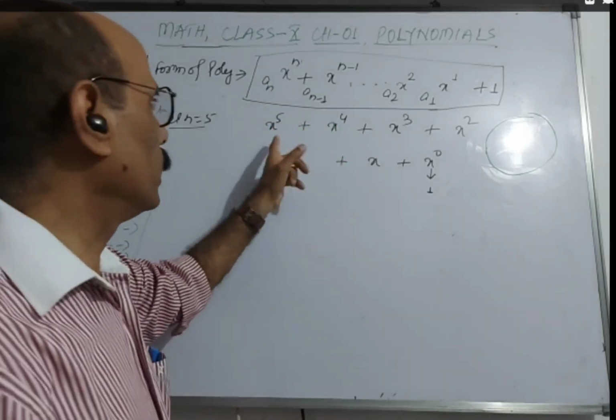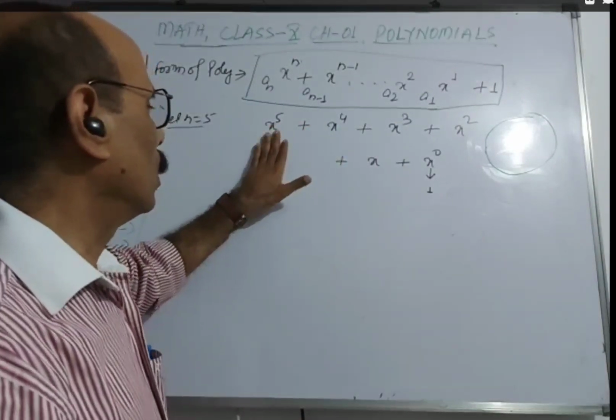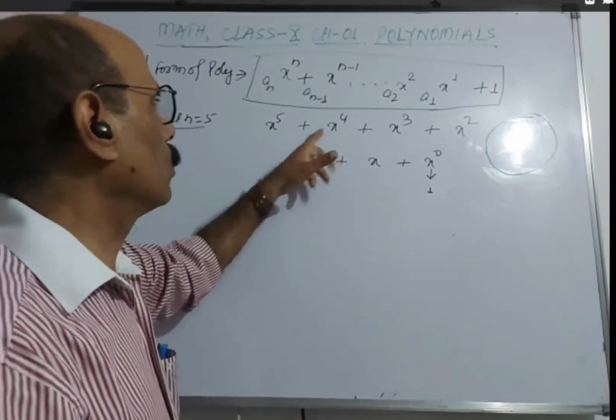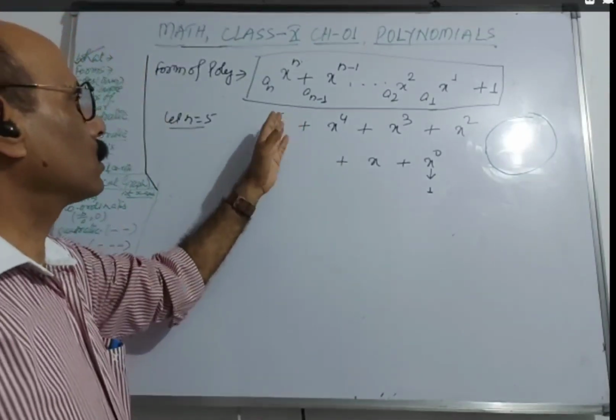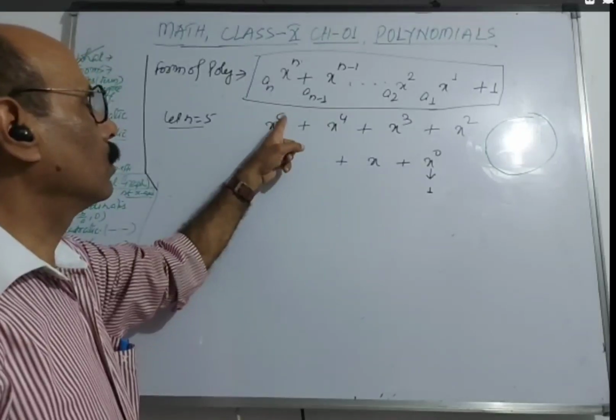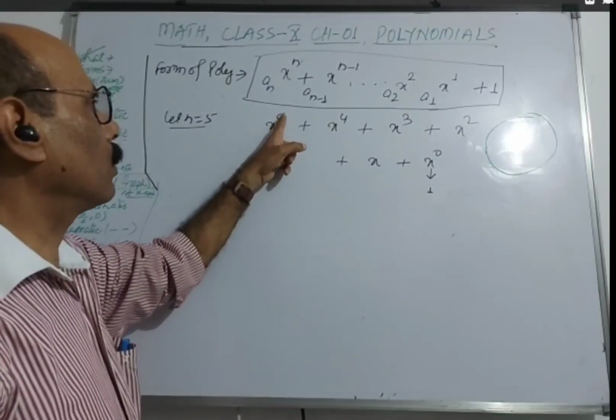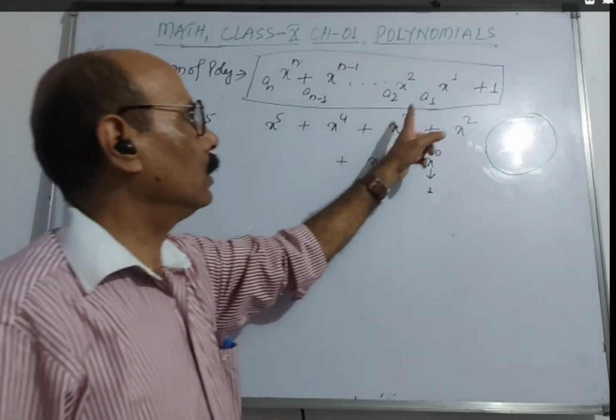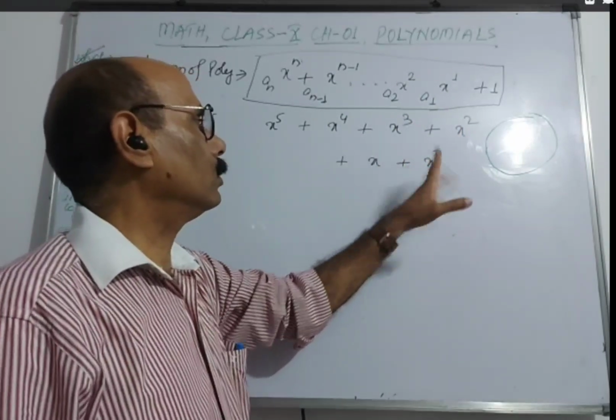This sort of variation, the x variable will go continuously one exponent less: x to the power 5, then 4, then 3, then 2, then 1, then 0.